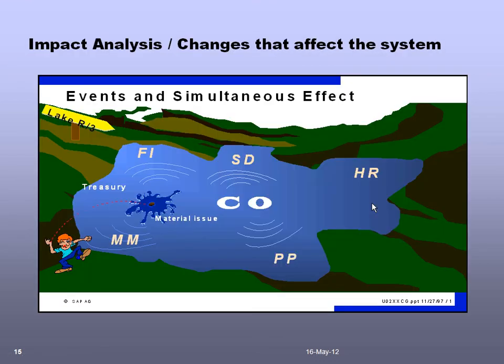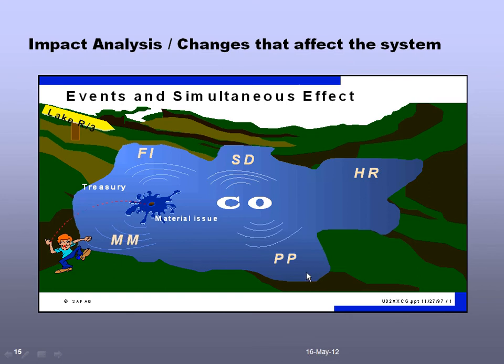Then there is something called impact analysis. You see here, let's say this is just a pond of water. Assume it as a swimming pool, right? So you have various paper boats thrown into the swimming pool. These FI, SD, MM, PP, etc. are modules. These are nothing but the paper boats.